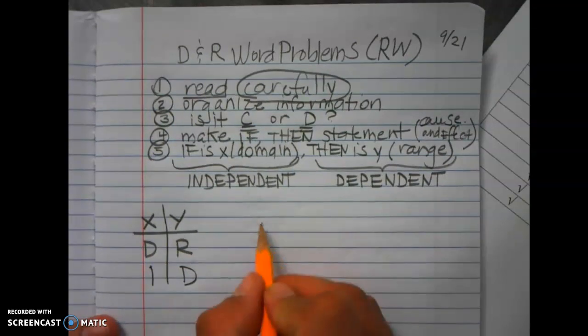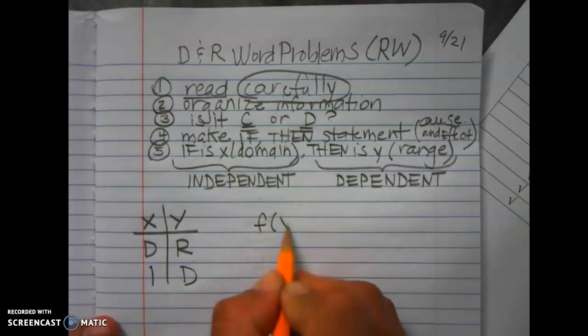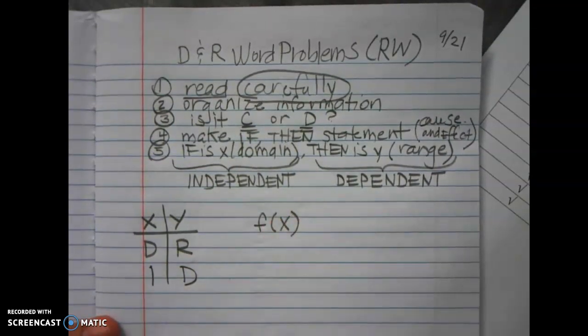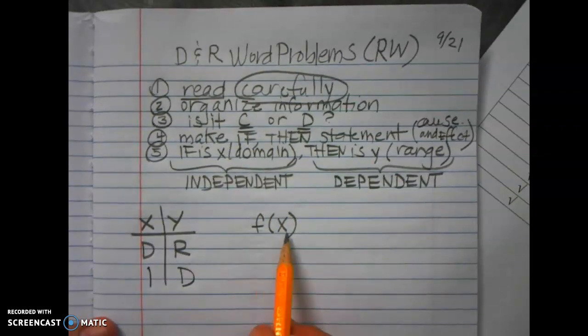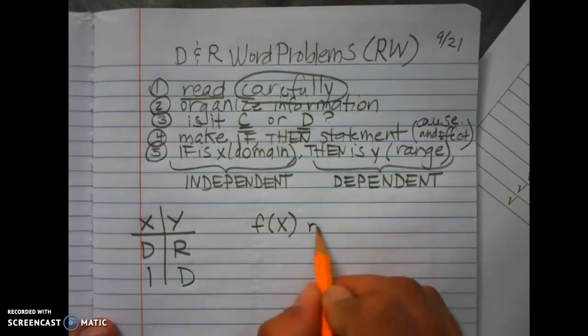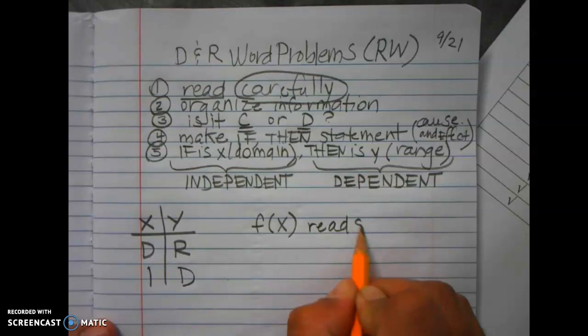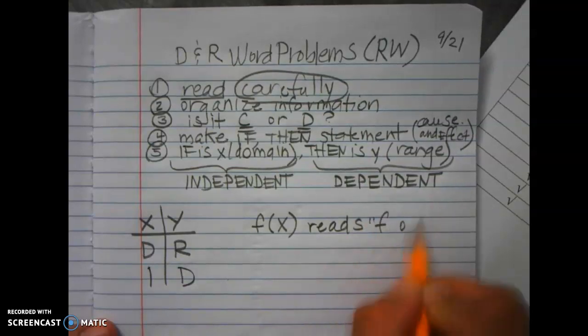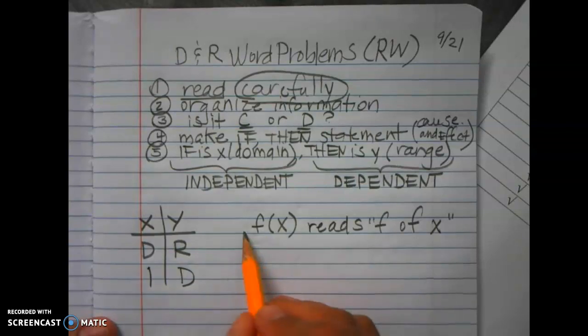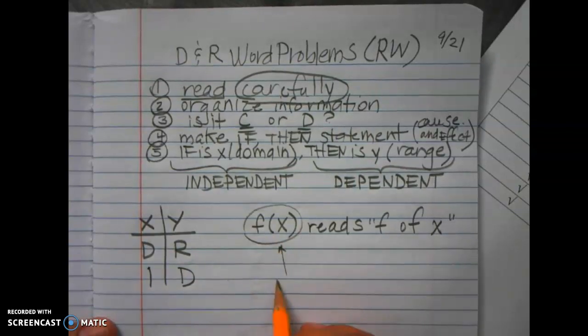If we see F parentheses X, we do not say F times X. We do not say F parentheses X, close parentheses, right? It reads F of X. This is what we call function notation.